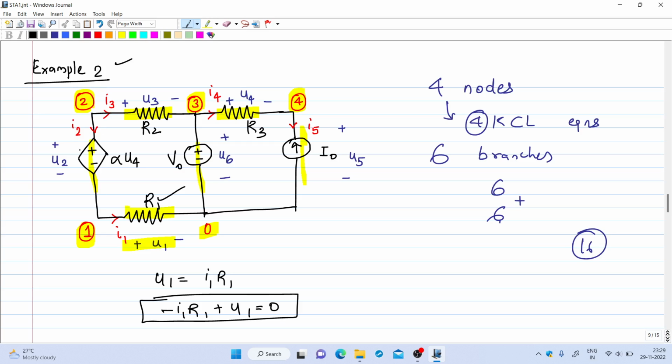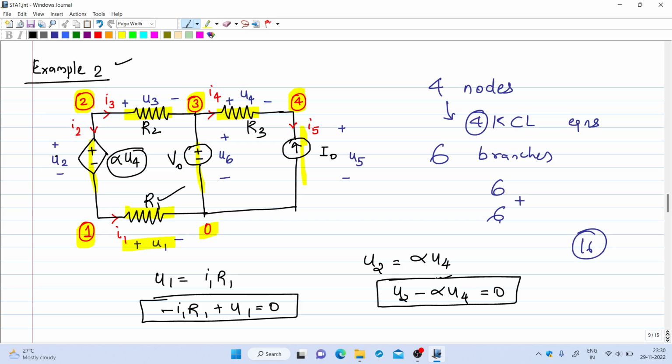So this will be the branch constitutive equation for this branch. Similarly for the second branch, U2 is the branch voltage, that is equal to alpha U4. So U2 minus alpha U4 equal to 0. Value of alpha will be given. So that is the branch constitutive equation for the second branch. And coming to the third branch, it is U3 equal to I3 into R2, or U3 minus I3 R2 equal to 0.